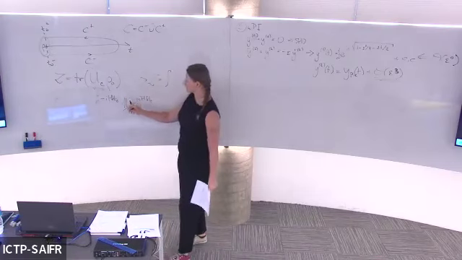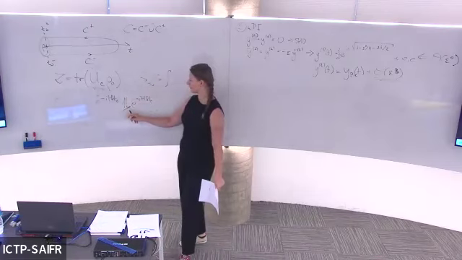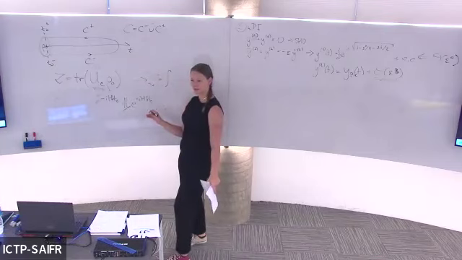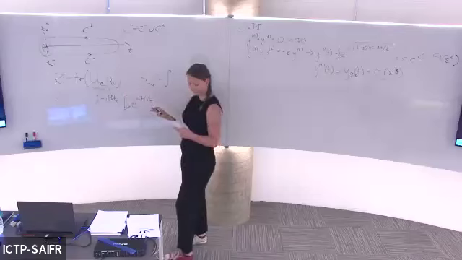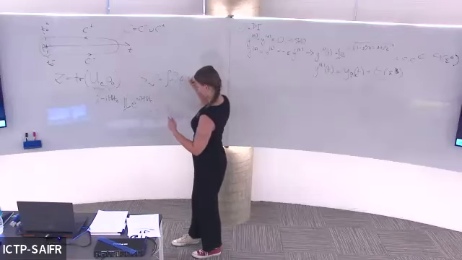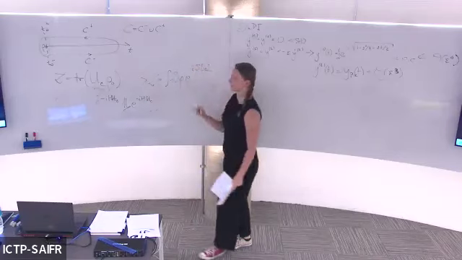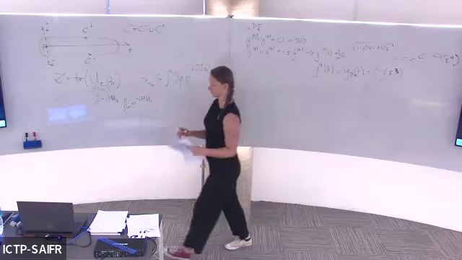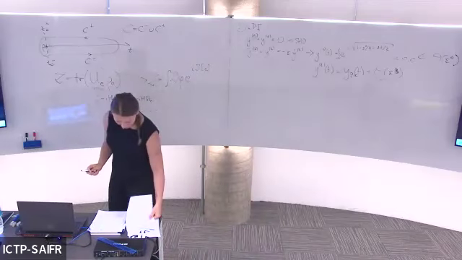You insert your resolution in terms of coherent states. You act with second quantized operators on coherent states, and you get fields out of it. And as a result, you get some path integral of an action. So that is what you already have seen.